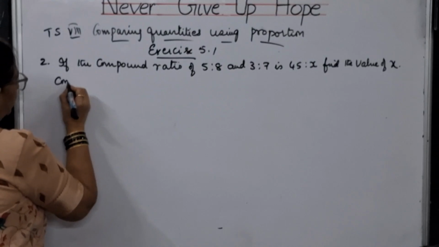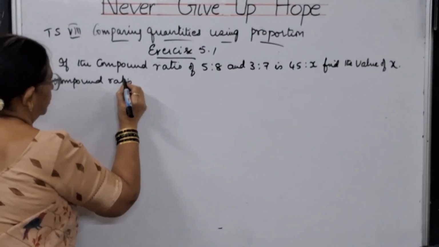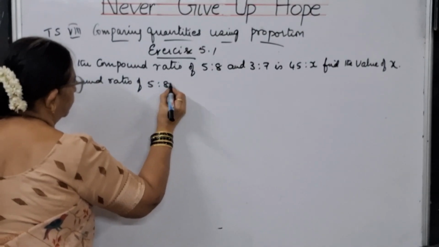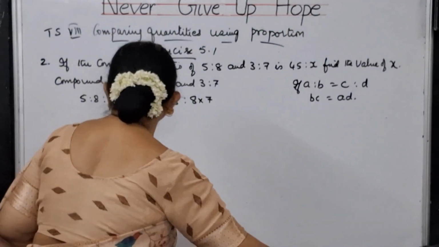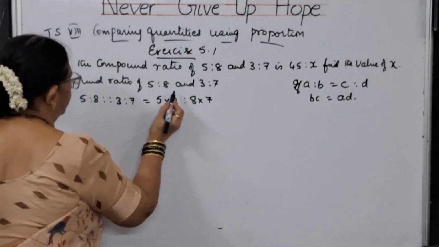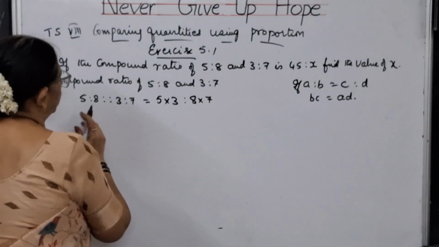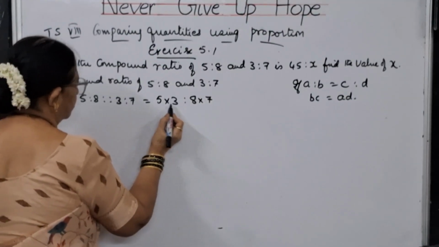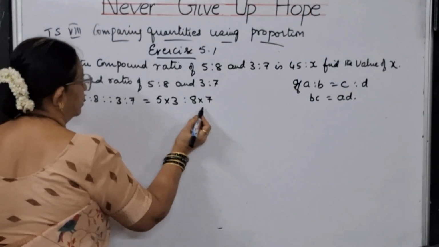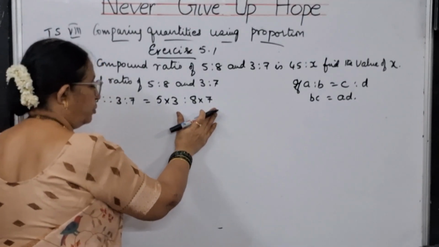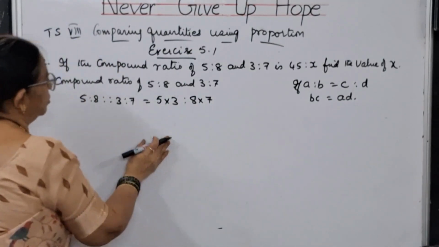So what they have given? First you have to find out compound ratio of 5 is to 8 and 3 is to 7. That means antecedents multiplied together is to product of consequents, that is 8 into 7. Leave it like this. Don't multiply and write the answer, because further problem will be easy if you do like this.